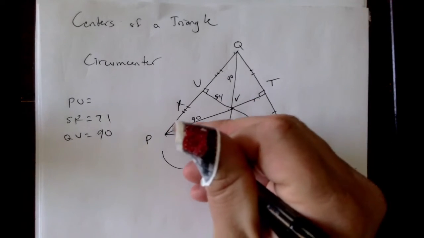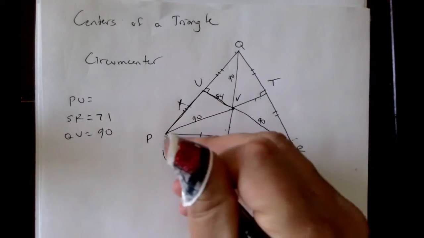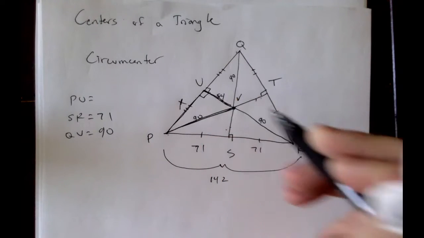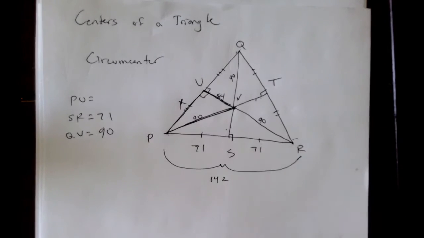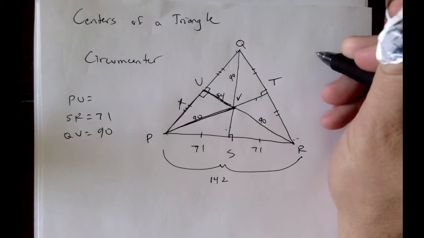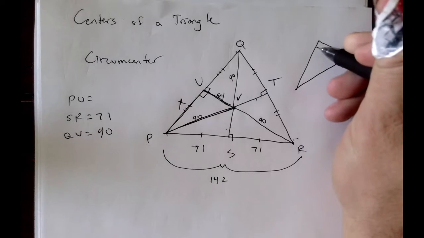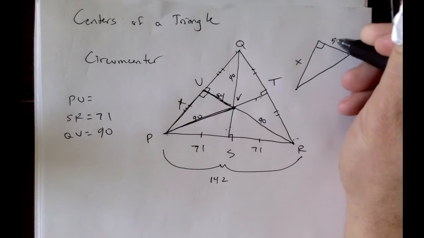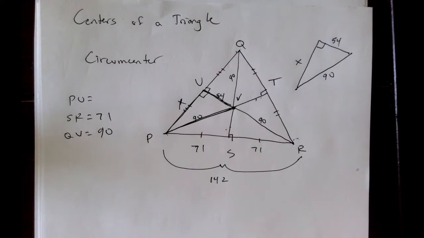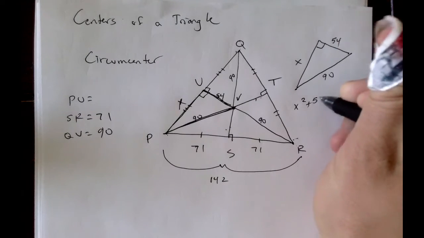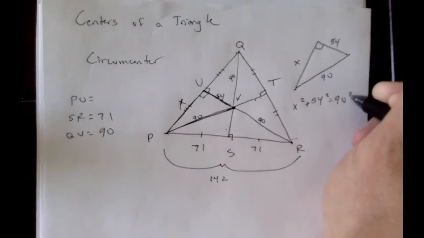Now, we're going to look at this triangle right there. Most of you know that this triangle is in fact a right triangle. So I'm going to bring that triangle and put it right here so you guys can see it separate. So there's that triangle. This is X, that's 54, this is 90. You're going to use your Pythagorean Theorem: X squared plus 54 squared equals 90 squared.